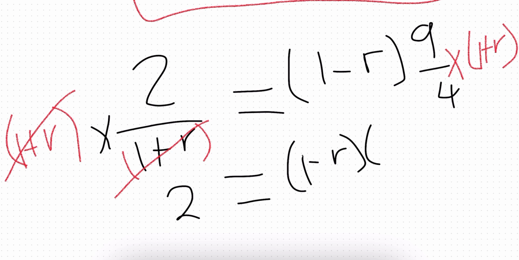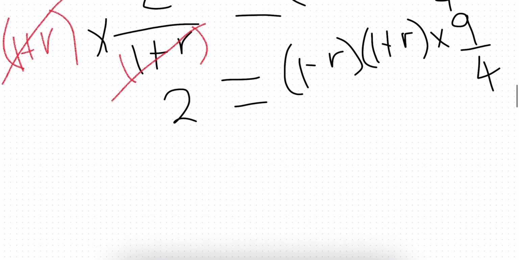Can I just group this nicely? 1 plus r times 9 over 4. At this point, it's giving me the vibes of difference of 2 squares, but let's just solve it in simpler terms.